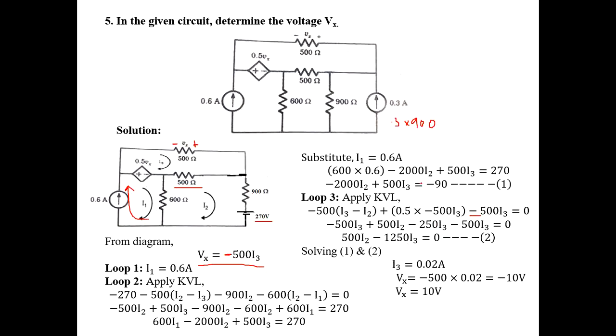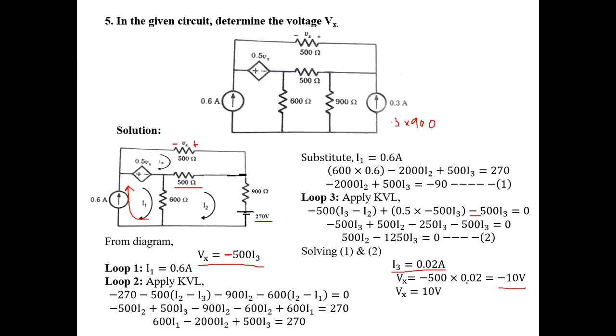Then solving this equation with equation 1 for I2, we got I3 equal to 0.02 ampere. Now we have to determine the voltage Vx. We know that Vx is equal to minus 500 into I3, with I3 value 0.02, so we got the answer minus 10 volts.